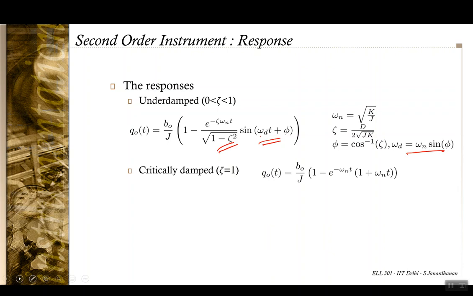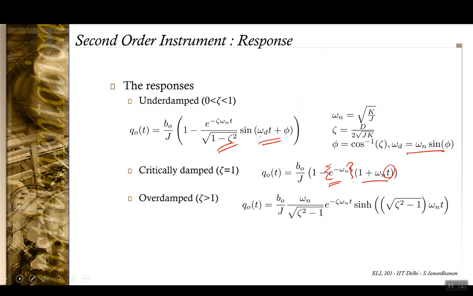When zeta equal to 1, you have a response that has no oscillation, there is a damping, and the damping factor is also enhanced by this omega n t term. And when zeta is greater than 1, you have two distinct roots.